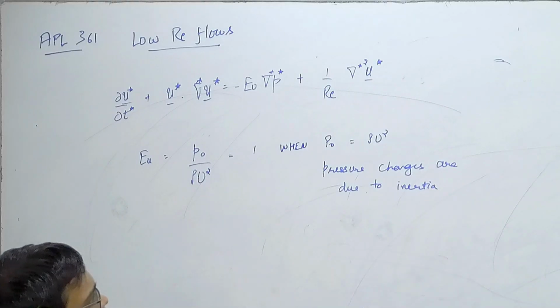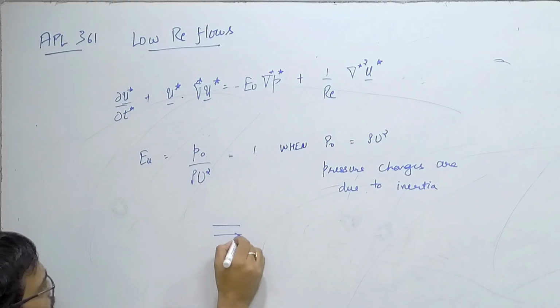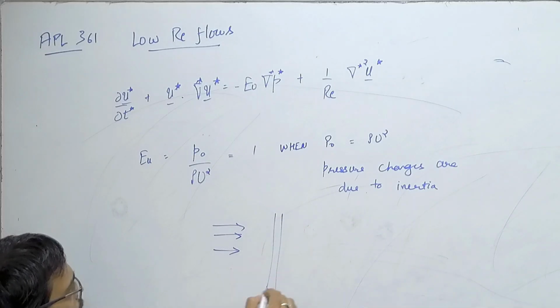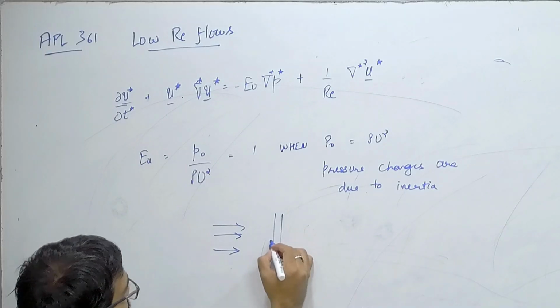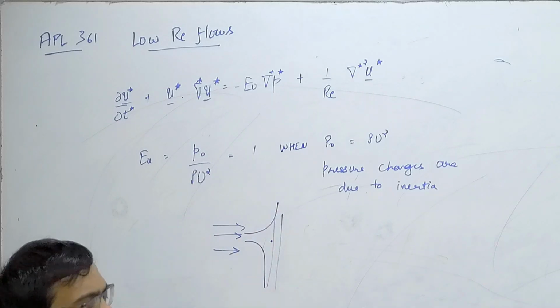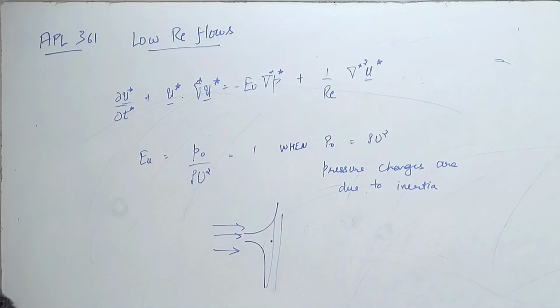Okay. So, for example, let us say there is a flow that is hitting a plate or a wall, and the flow has a speed u with fluid density rho, and it is becoming stagnant at some point, and it may be going like this. So, in these kind of cases you would expect that the pressure changes. So, at infinity the pressure is, let us say, P infinity or atmospheric.